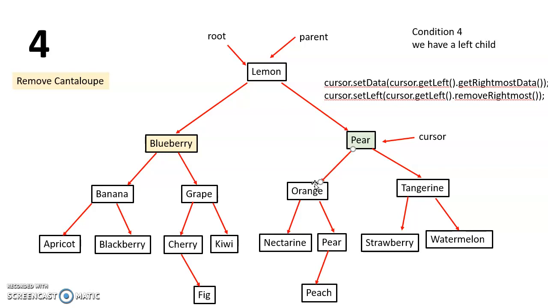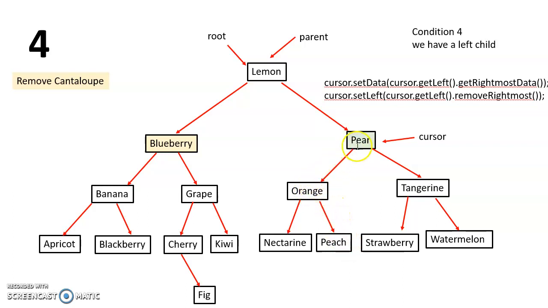Orange looks right and realizes there's something, so it turns to pair and says, give me something with the rightmost removed. Pair looks right and realizes there is nothing to my right. I'm the one that has to be removed. And so it returns left. So it returns peach as being, here is a subtree of me that has had the rightmost removed, which is returning it to orange.